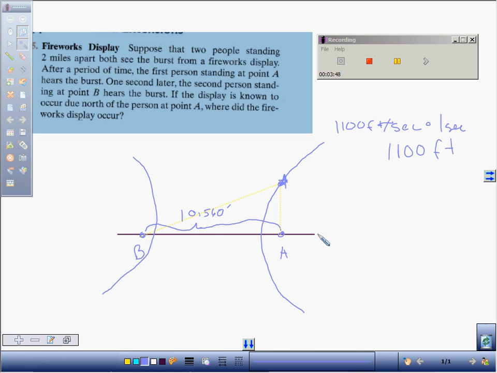But for any point on the hyperbola, if I subtract the distance from here to here minus the distance from here to here, that's also equal to 1,100, right? But also if I subtract this minus this, what do I get? I get 1,100, but that is also this minus this will also give you this piece right here. You understand that?